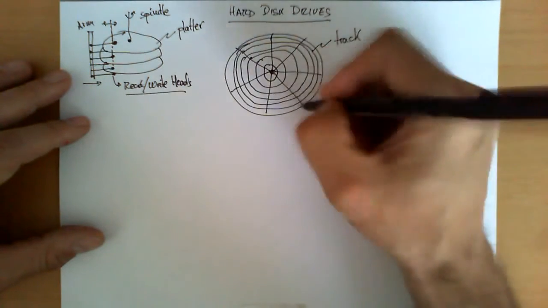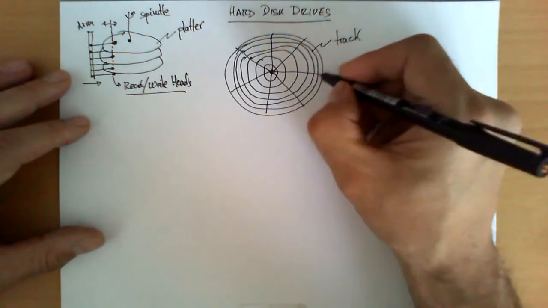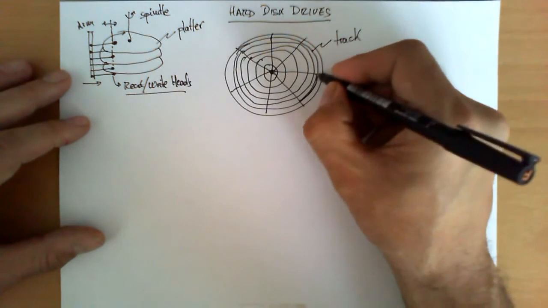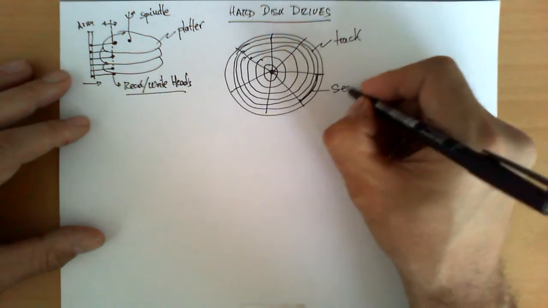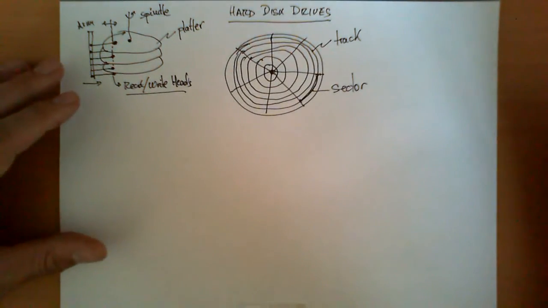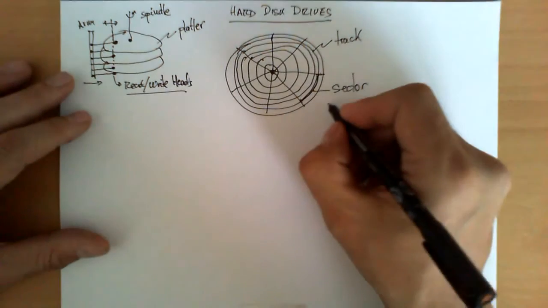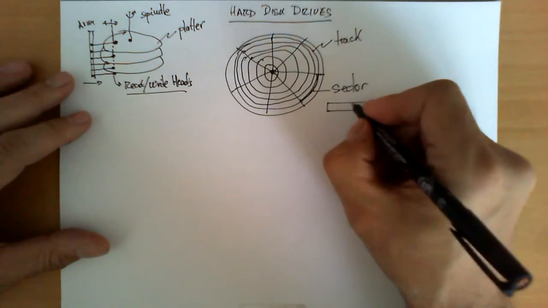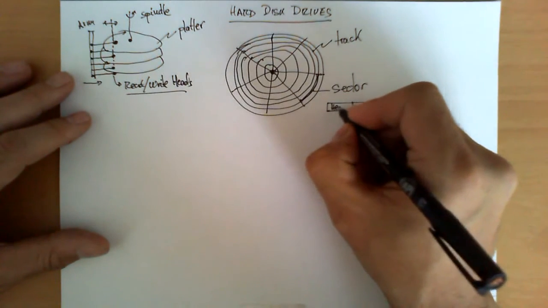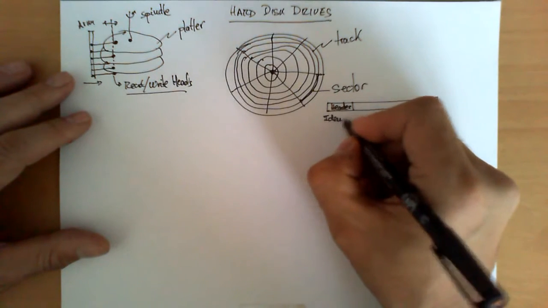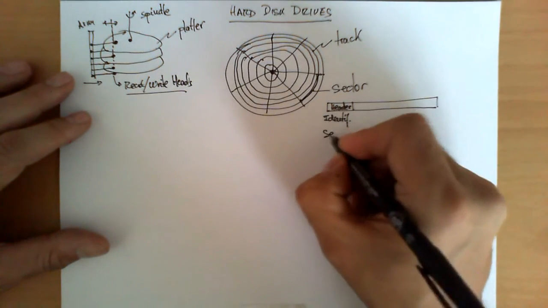Now the division in these areas produces that each track is divided into an area like this, which is called a sector. And in the sector is where we find the data stored. This sector, if we draw it expanded like this, is actually made out of three regions. The first one is called the header, in which we have information identifying the sector.